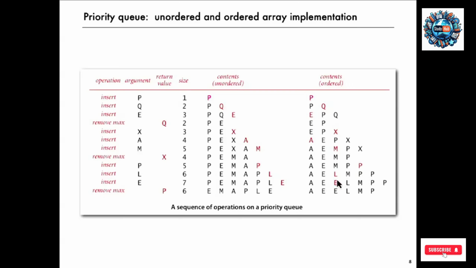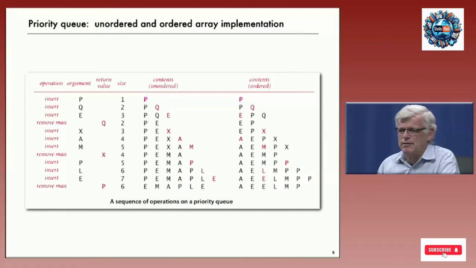But the advantage of that might be that removing the maximum is easy. We just take away the one at the end. To remove the Q, we know it's at the end. To remove the max at this point, that's X, it's right at the end, and P is right at the end. So you can imagine the implementations of priority queues using these two basic strategies.